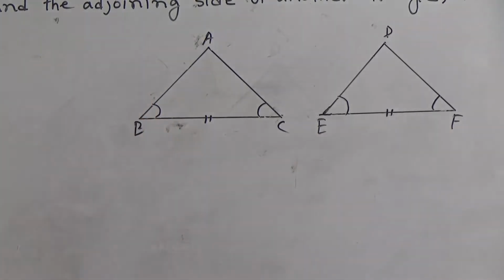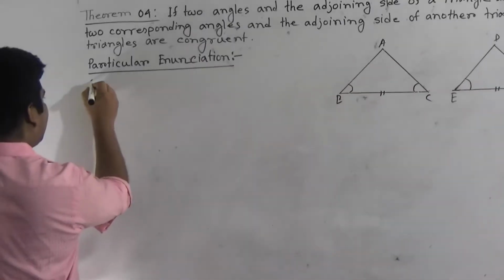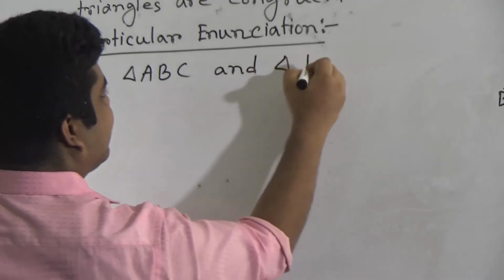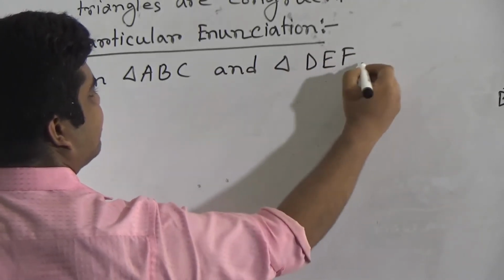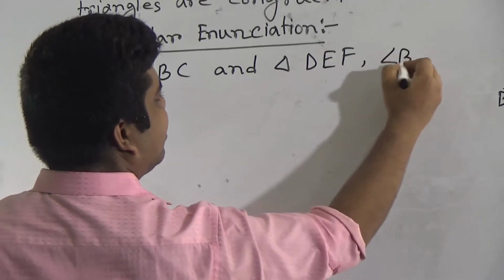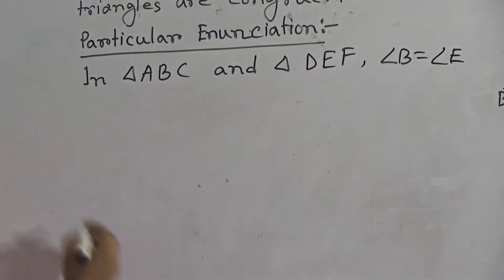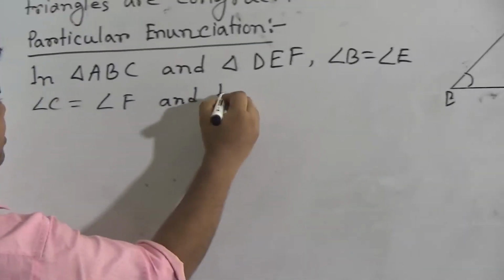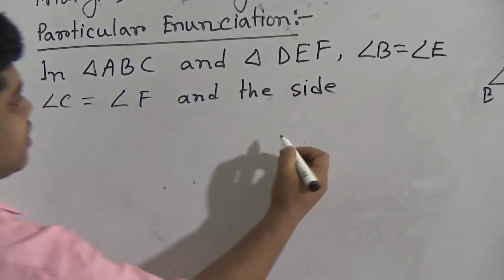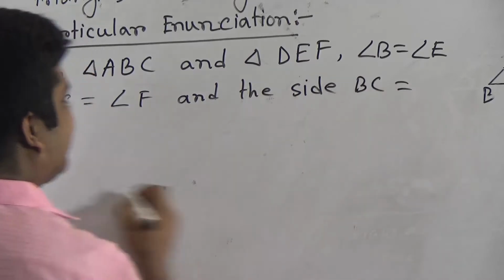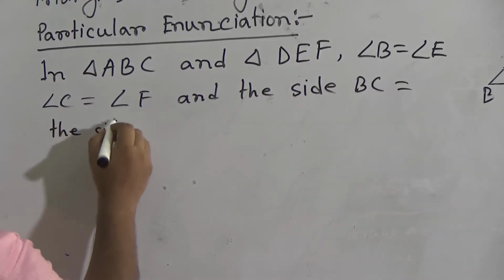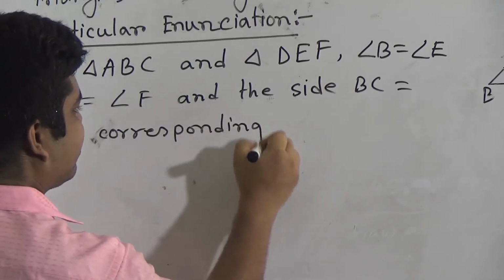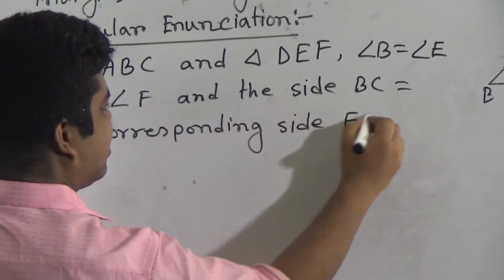Now I write this particular enunciation. In triangle ABC and triangle DEF, angle B equal to angle E, angle C equal to angle F, and the side BC equal to the corresponding side EF.